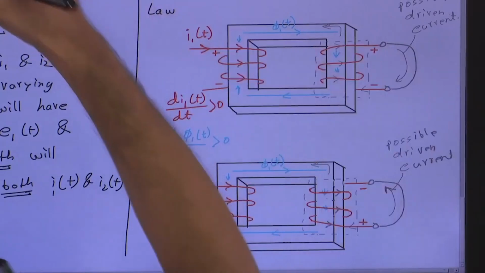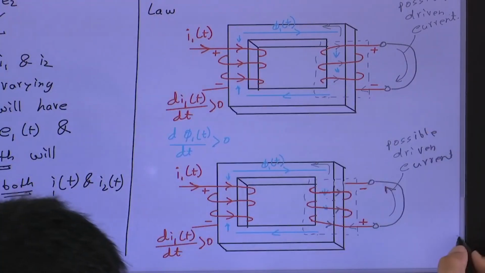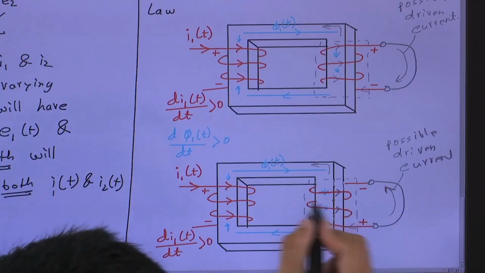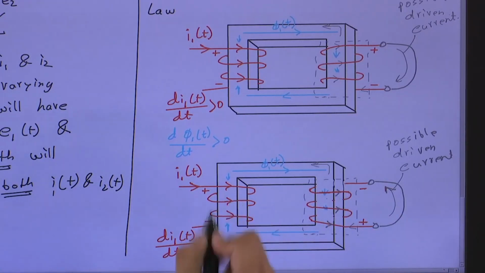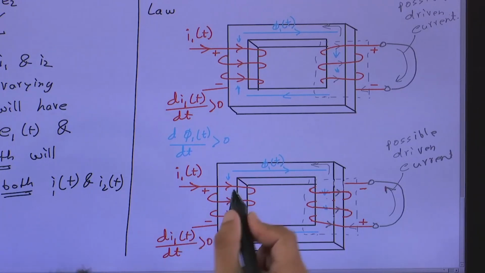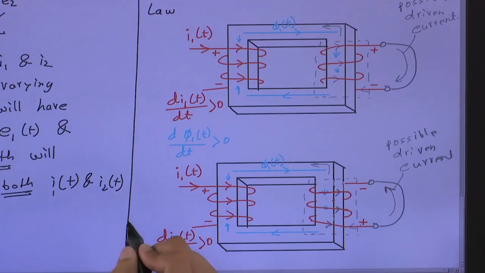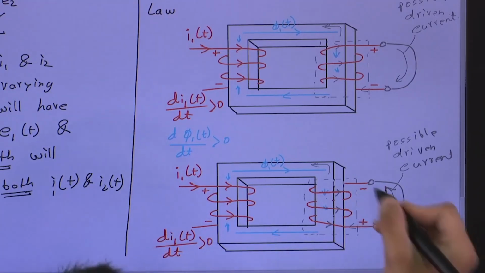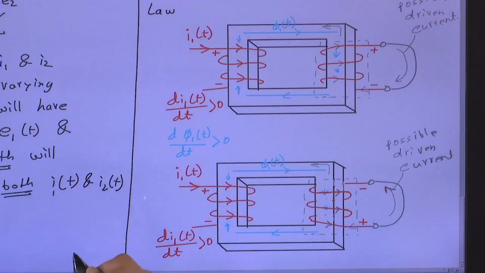So in general, I can now write that which side will be plus or minus depends on the sense of the winding. That will also depend on the sense of this winding. If I change the direction of this winding, then also the plus minus sign will be affected. So which side will be positive in this second coil depends on the sense of the winding.